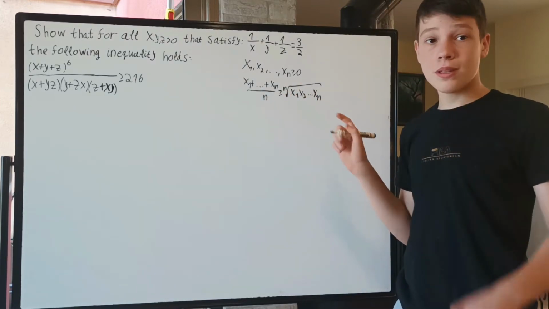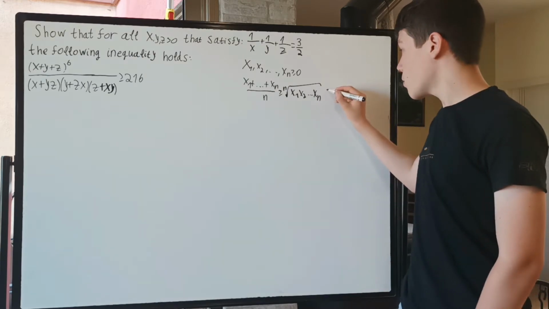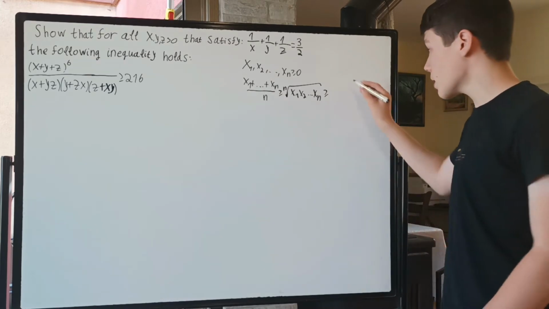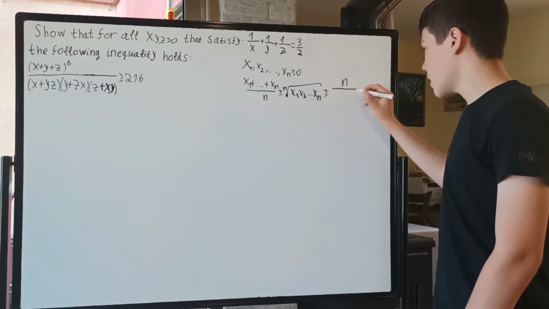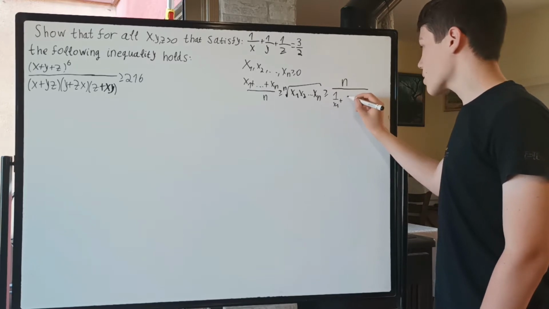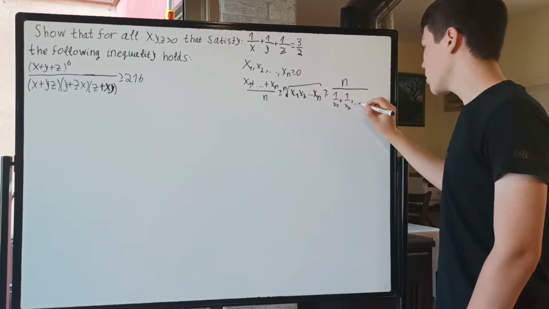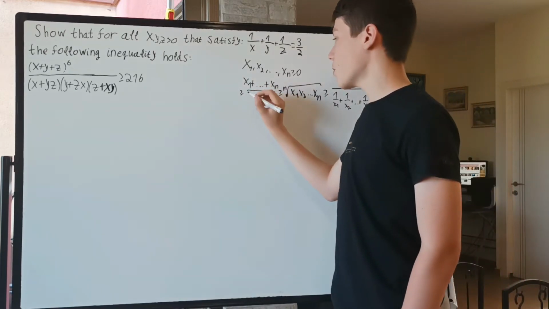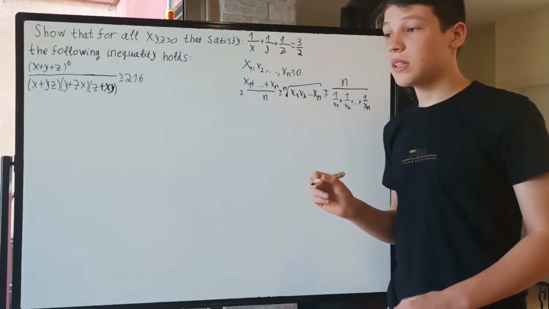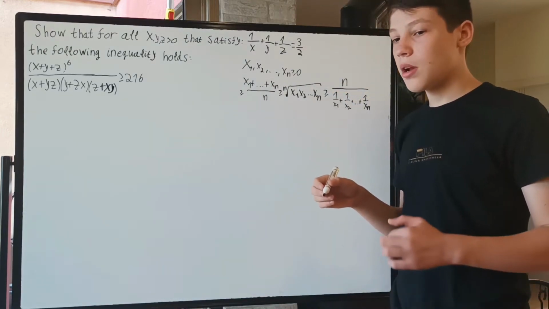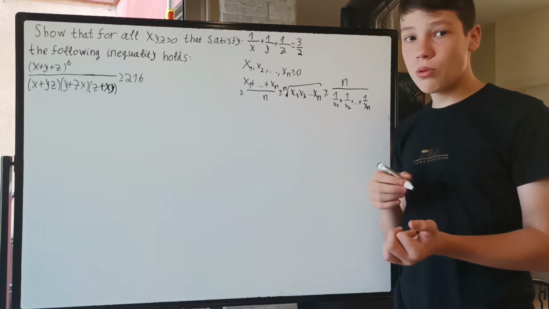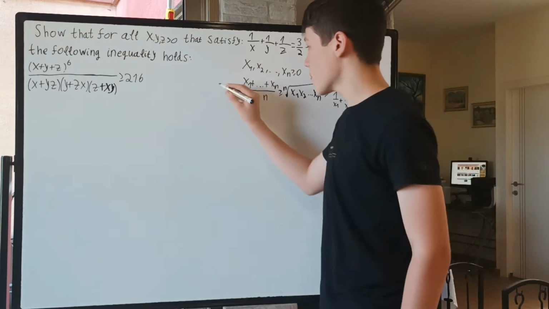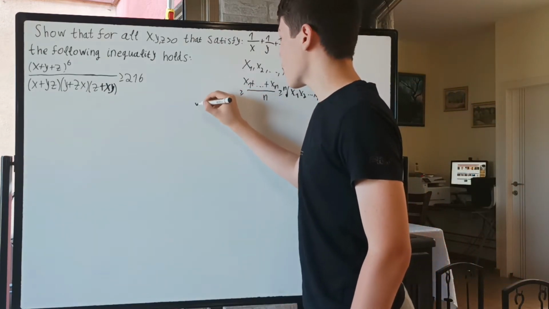But there's also an extension to this inequality, which is that this is also bigger than or equal to the harmonic mean, which is n divided by 1 over x1 plus 1 over x2 up until 1 over xn. And this is smaller than something that I believe is called the RMS, root mean square, which is pretty much as it sounds.